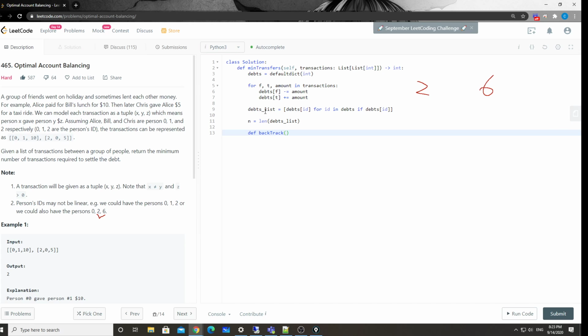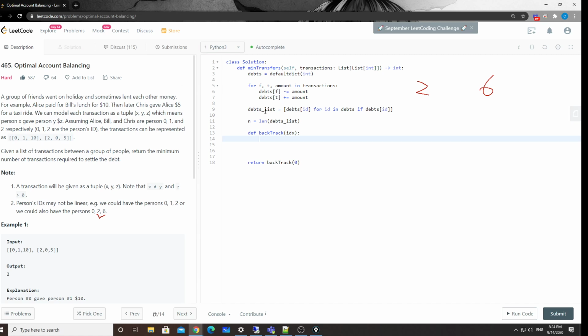So the backtracking is that we're gonna have the index here, which means the index is the person. And in the end, we simply return the backtracking starting from 0. So what's gonna be our ending point?